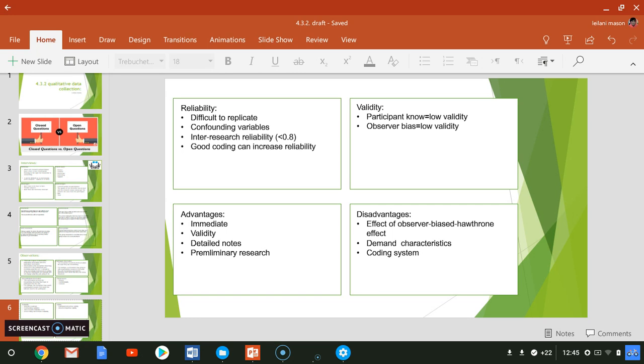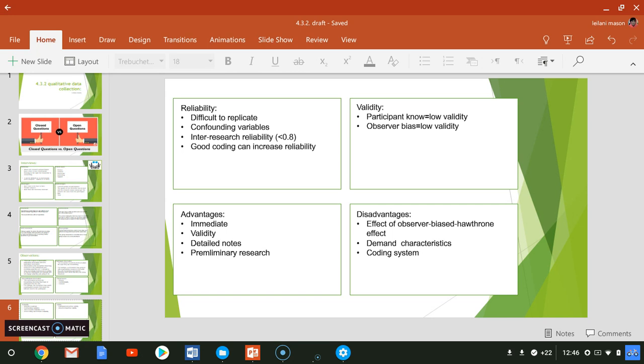The advantages of observation is that it's immediate, so it happens in the moment, quite quickly. Most of the time, it's quite valid, with ecological validity, and it happens in real life, natural settings. So the participants do what they naturally do within a training session or a competition.